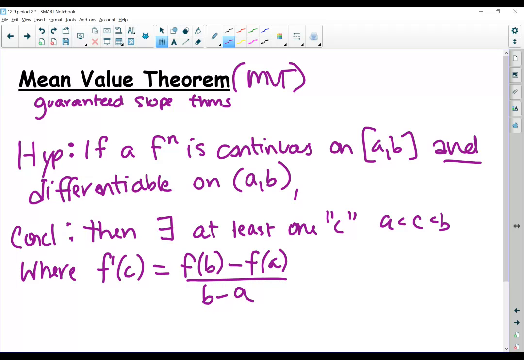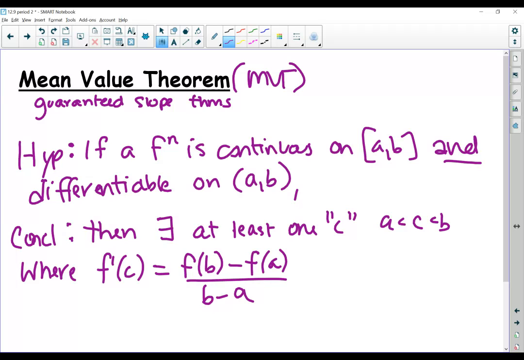Okay. Now, again, let's talk about what this is guaranteeing. They're saying there is one slope in a function that I can guarantee as long as that function is differentiable. And the one guaranteed slope I'd have to have at some point is whatever the average rate of change is. So whatever the average rate of change is of that function, there has to be a point within that interval that has the same slope.